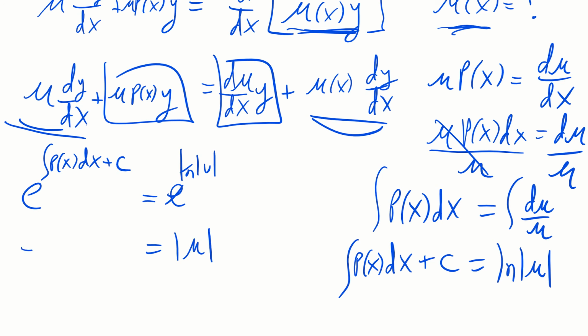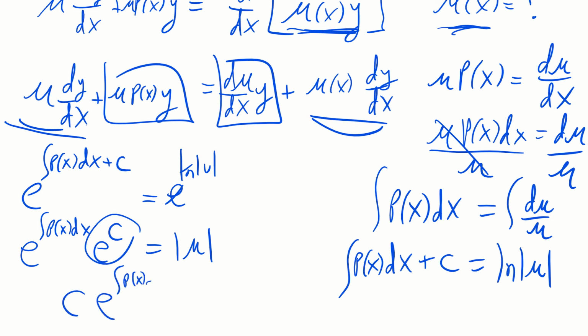on this side, we can do something with the constant. We can break it apart, as you've seen a bunch of times. Make this times e to the c, where this is again going to be some constant. I'm just going to relabel it, keeping it c. So e to the integral of p of x dx is equal to the absolute value of mu.